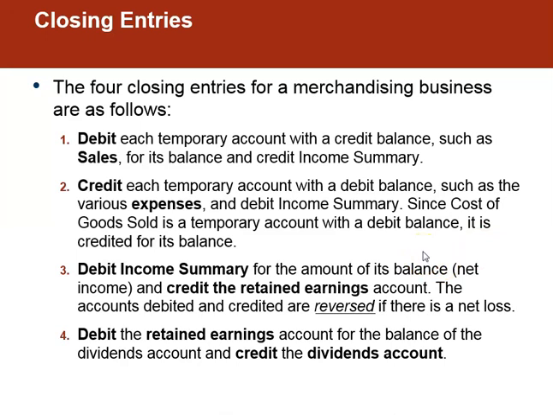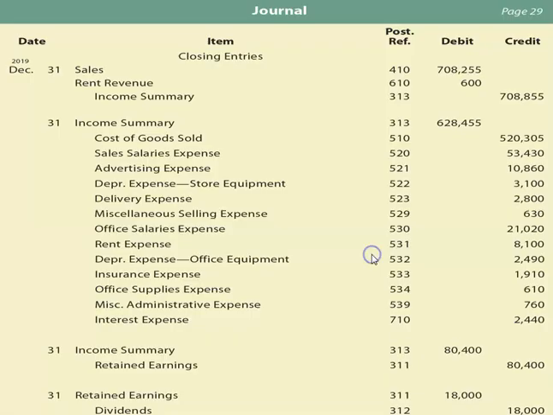So temporary accounts, if you recall, are any income statement accounts plus dividends. So if we think about that for a moment, it's the exact same, except we're also going to close out cost of goods sold, right? Because that's an income statement account, it's an expense account. So that would be probably the only difference.